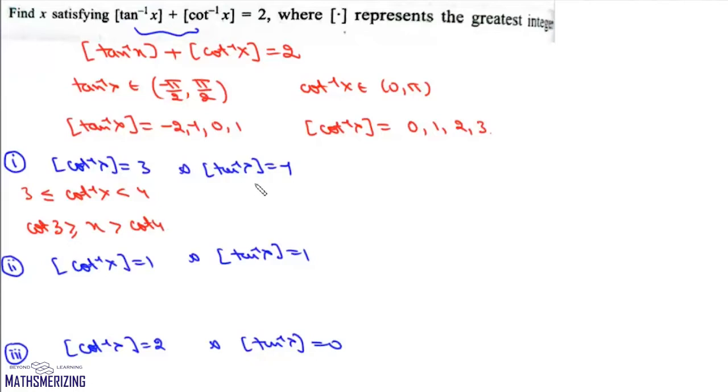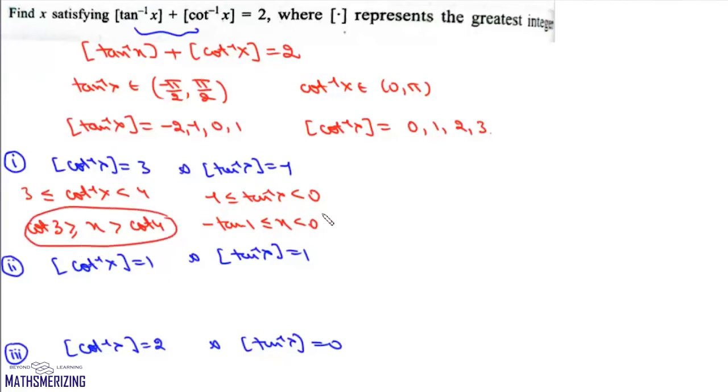And here, when the value of tan inverse x is minus 1, that means the value of tan inverse of x should lie between minus 1 and 0. If we take tan, we'll get minus tan 1 is less than or equal to x is less than 0. Now we need to find the simultaneous solution of these two conditions. And for that, we'll need to compare the values of cot 3 and minus tan 1.